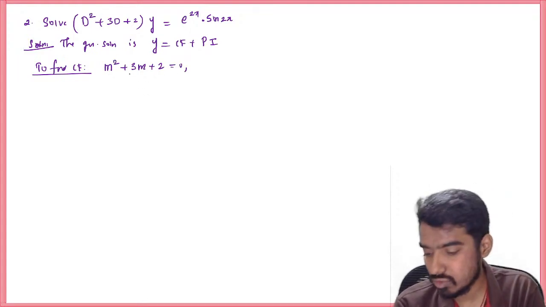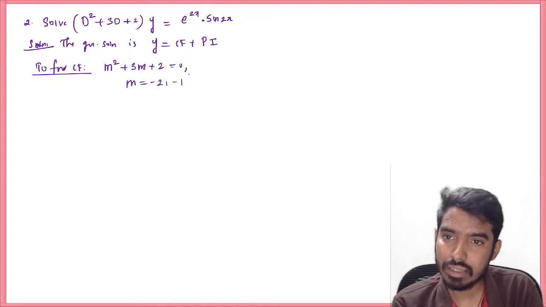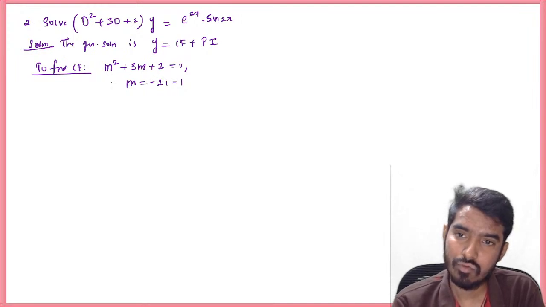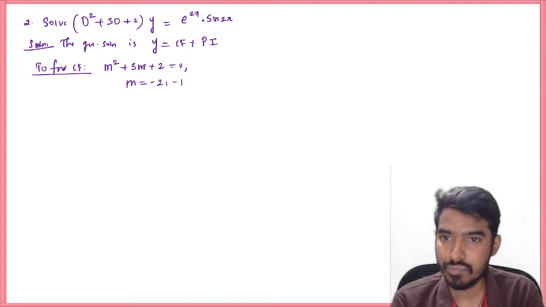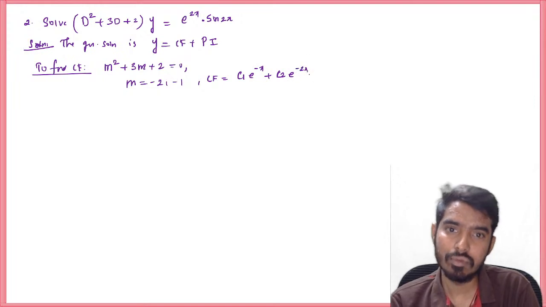Actually this is D square. So if you solve this, you will have minus 2, minus 1 as the roots. Therefore, your CF will be C1 e power m1x plus C2 e power m2x.